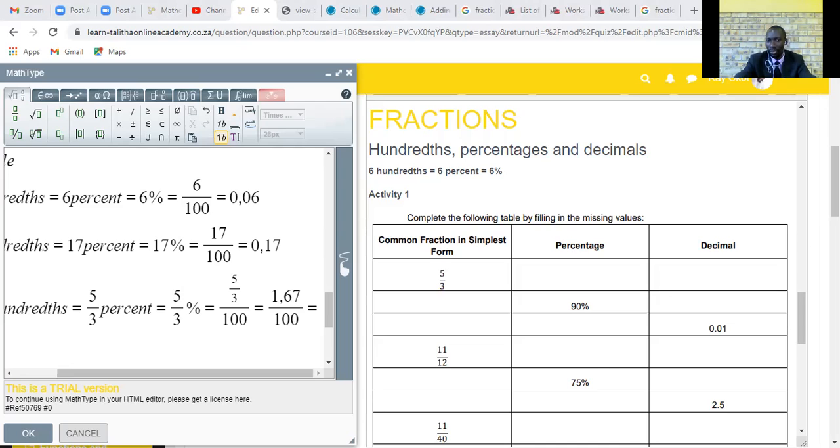Now, if we are not interested in using a calculator, then there is a table that we could use for 10, 100, and 1,000. This table is one that I recently shared on one screen.